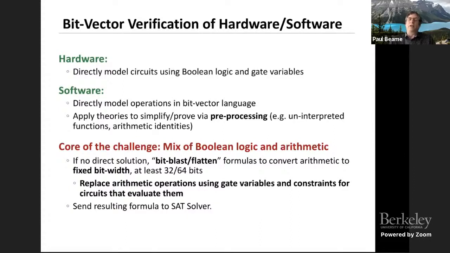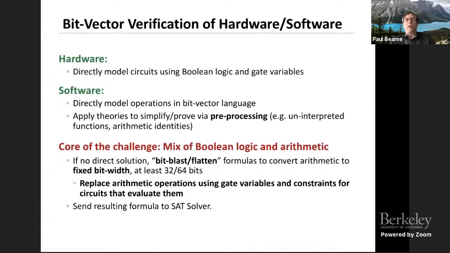So if you don't have anything more you can do, you bit blast the formula. There's a more pedestrian term, flatten it, to convert the arithmetic theory to fixed bit width, say, and typically for practical interest, you'd need at least 32 or 64 bits. And what does that mean?